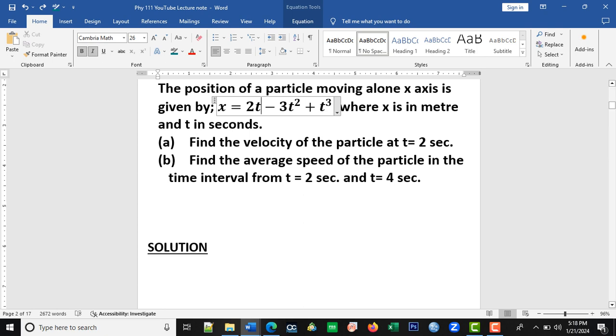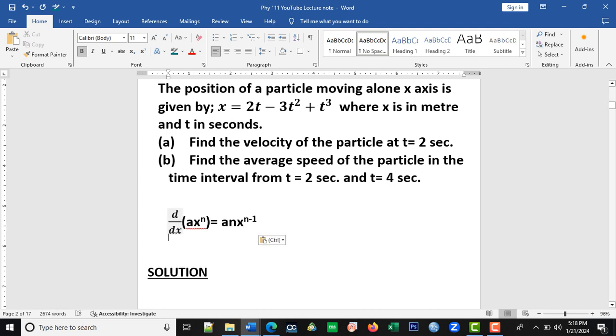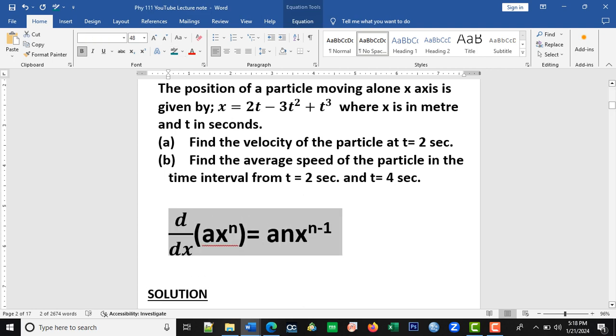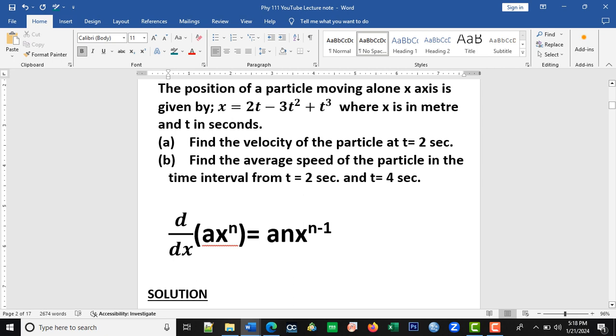And the second one is that if we find the derivative of a particle a x to the power n, it will give us a n x to the power n minus 1. What am I trying to say?